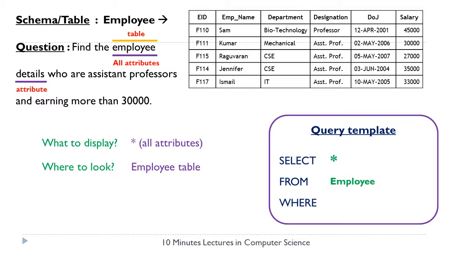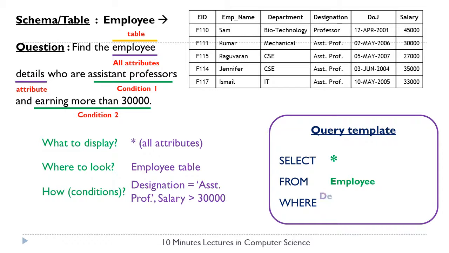So the from clause includes employee, and the conditions are designation equal to assistant professor and salary should be greater than 30,000. So we expect both these conditions to be validated.